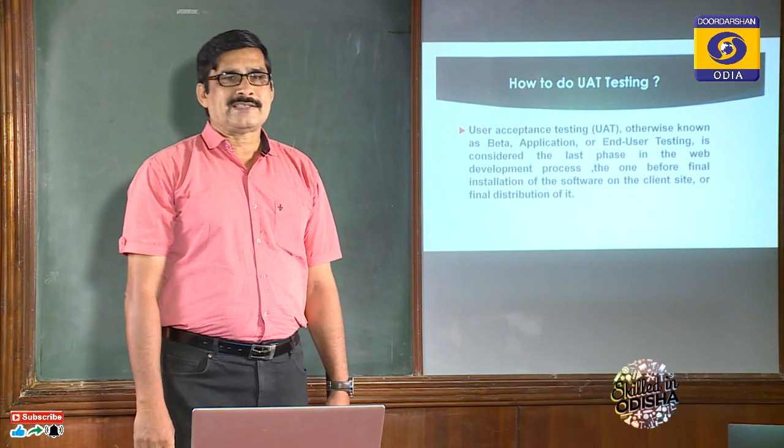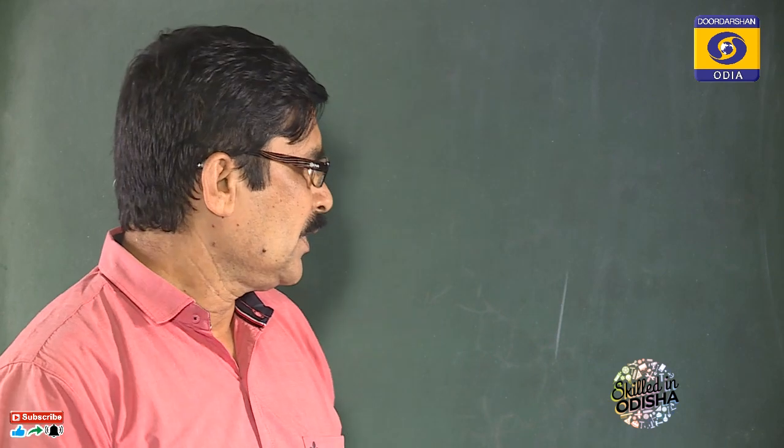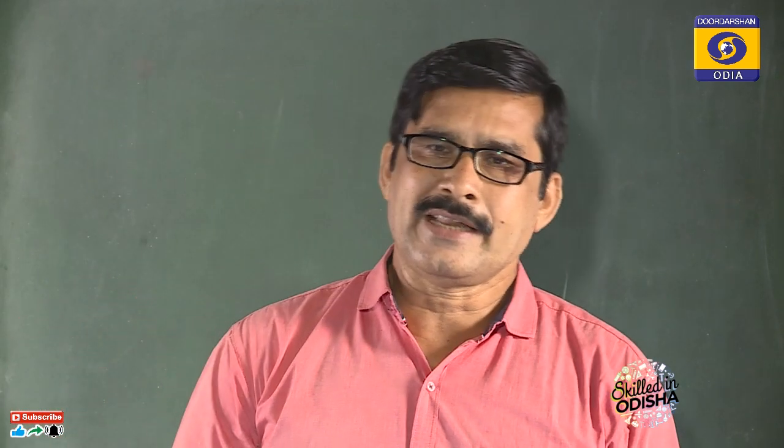Let us take for example our Android mobile, where different softwares are installed from time to time from the Play Store. When a new software comes out for Android, it is shown with the name of the software, and in brackets it is written beta.